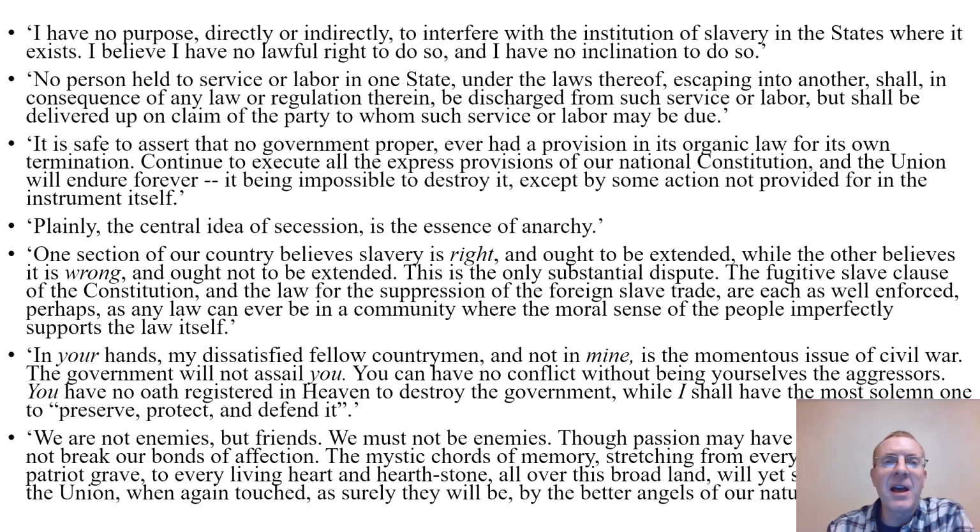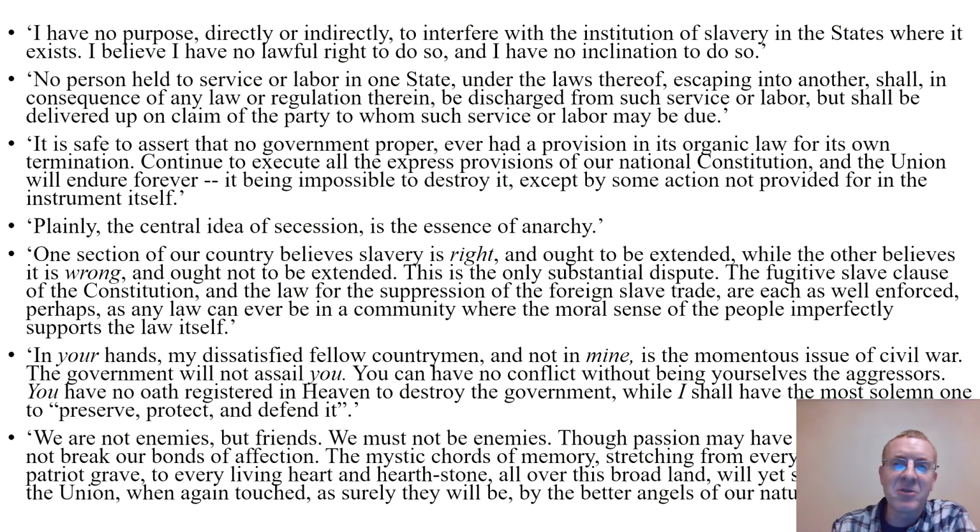I believe I have no lawful right to do so, and I have no inclination to do so. "No person held to service or labor in one state under the laws thereof, escaping to another, shall, in consequence of any law or regulation therein, be discharged from such service or labor, but shall be delivered up on claim of the party to whom such service or labor may be due."